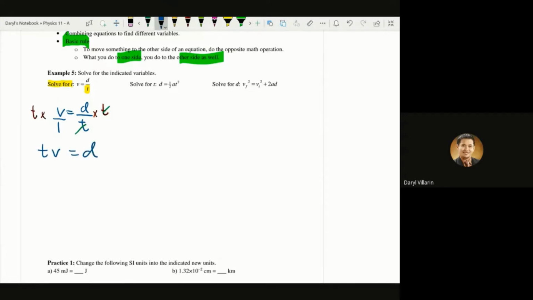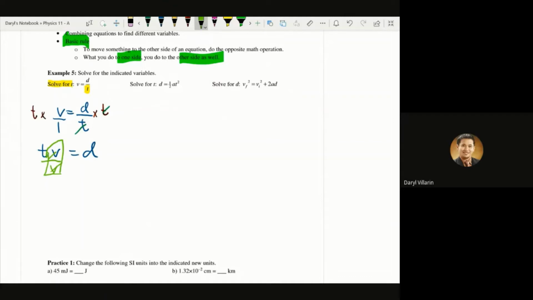It's equal to d. But then again, I want to separate my t because I'm solving for t. So that means that I need to get rid of v on the left-hand side of my equation. To do that, I need to divide by v because v over v gives me 1. Canceling means that, again, the answer is 1.